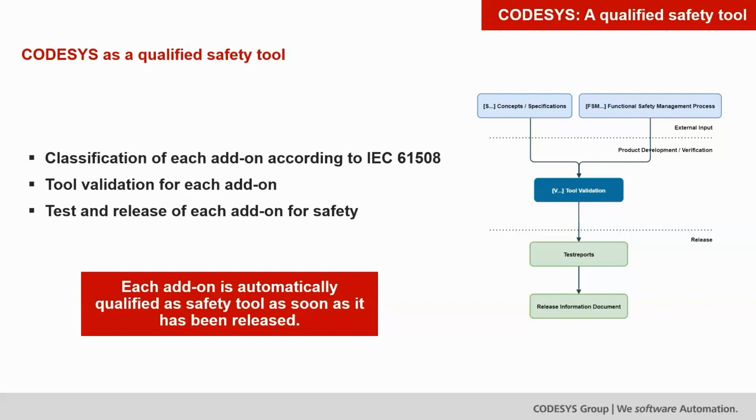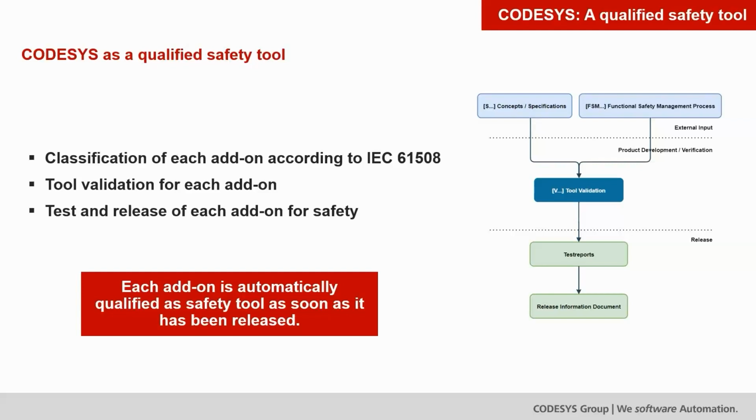That means we do an analysis. From that analysis, we get safety requirements, and this is what we do in our validation. We test these safety requirements, and this validation is integrated in our release tests. So as a result, each add-on is automatically qualified as a safety tool as soon as we have done the release.